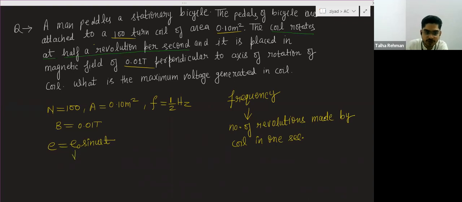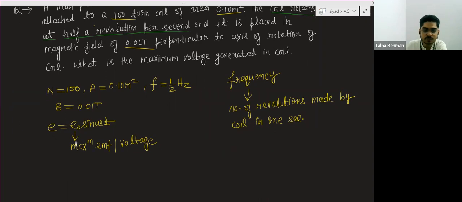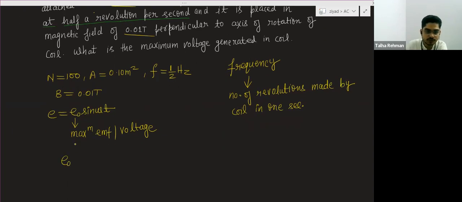And what is this E naught? The maximum EMF, or you can say the maximum voltage. They are asking for this maximum voltage E naught. So what is E naught?